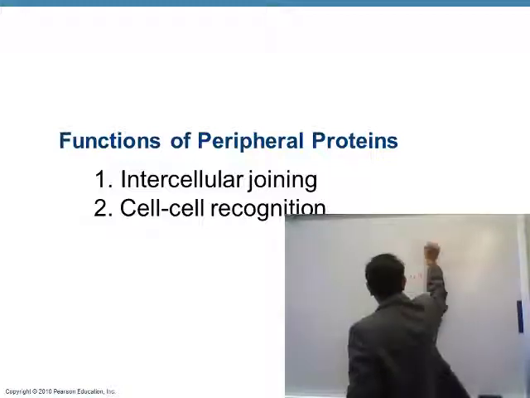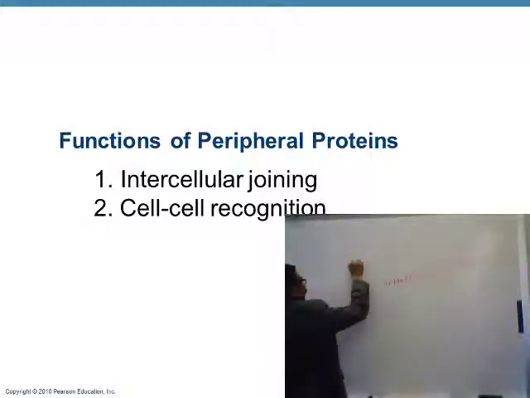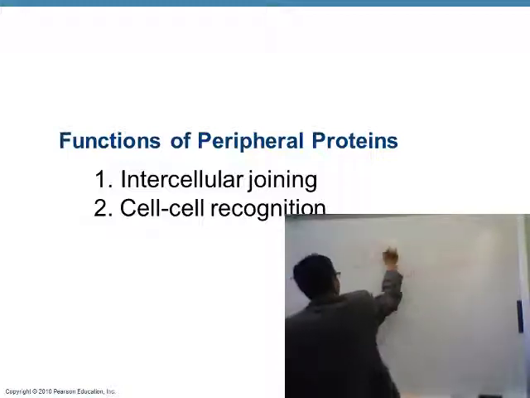So if you see the cells, for example, these are epithelial cells. Peripheral proteins form intercellular junctions and those junctions are mainly used to hold the cells together. We'll talk about different types of intercellular junctions, just know that. That is one function of peripheral proteins. Another is cell-to-cell recognition.